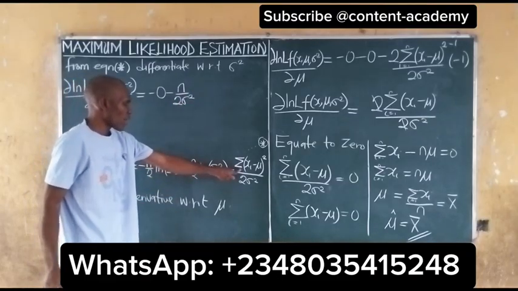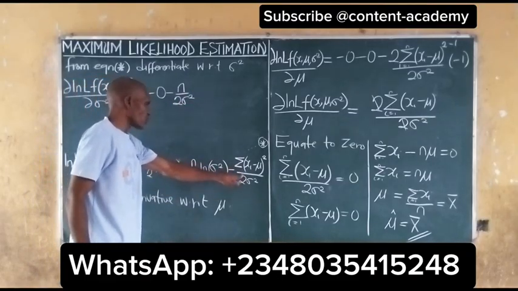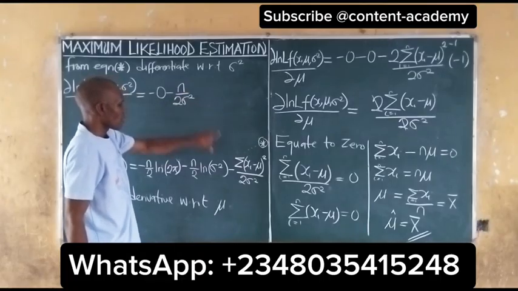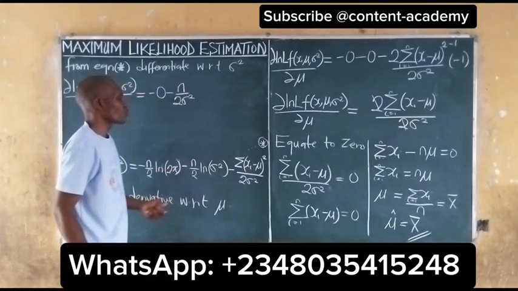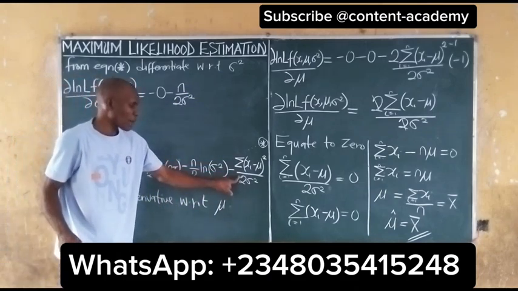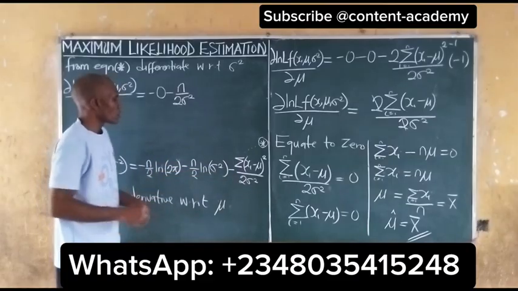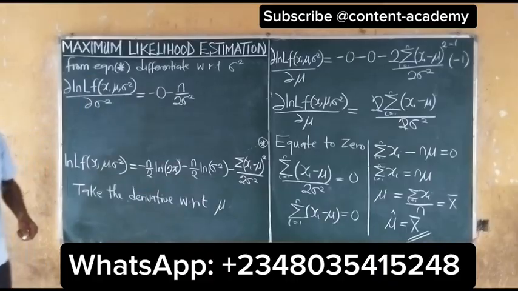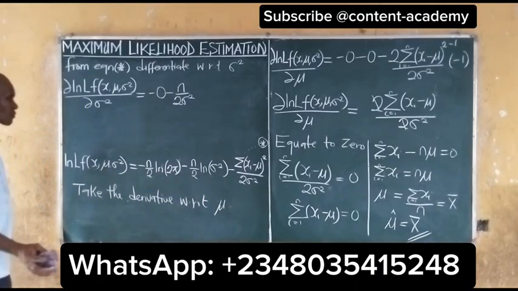Now we also have this. How do we differentiate this function? Because we can't just write it here. We use the partial derivative. If you want, you can use the partial derivative, or you use the quotient rule of differentiation.